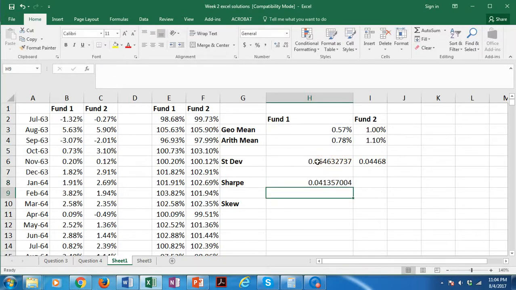So Sharpe ratio is 0.04. Now, if you want to calculate Sharpe ratio using arithmetic mean, you also can simply do that. Now, if we scroll it, we get the Sharpe ratio is 0.156 for Fund B.